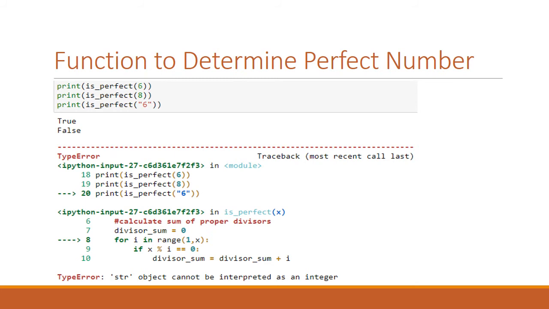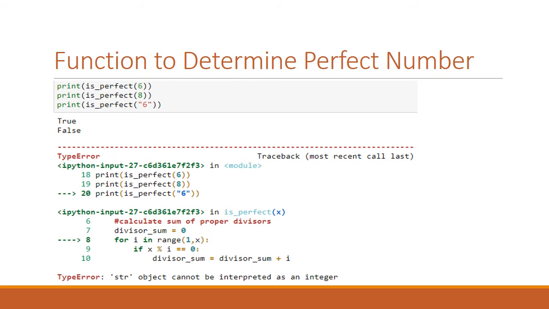The first statement, print isPerfect with an argument of 6. Our isPerfect function is called, 6 is passed into x. It calculates the sum of the proper divisors of 6, which is 1, 2, 3. It sums them up. It checks that yes, 6 is equal to 6, so it returns true, and true is printed on the screen.